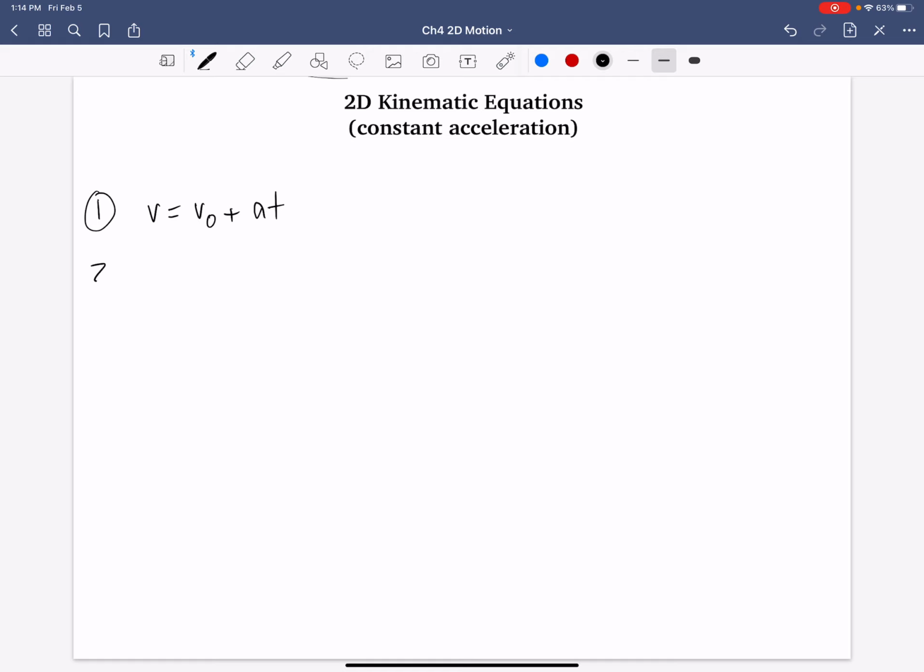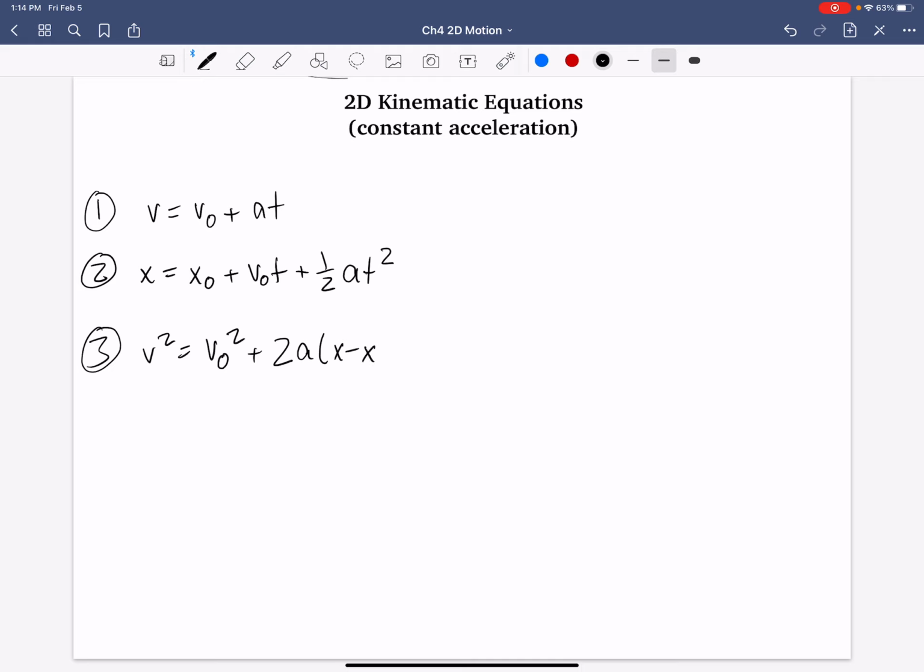Equation 2 was for the final position, x as a function of time: the initial position plus the initial speed times time plus 1/2 acceleration times time squared. I'm not canceling any terms out yet. The third equation should have been the final speed squared equals the initial speed squared plus 2a times the change in position.